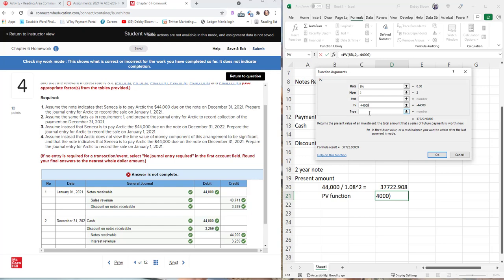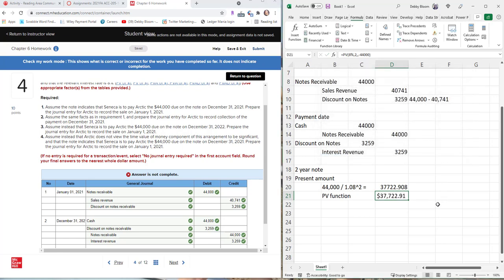But if I invest today, which is a negative cash flow, so if I invest the 37,000 today, then I'll get back the 44,000 in the future. I'll do that in the computer lab with lots of hand movements if you don't understand it. So I click OK, and notice I get the same 37,722.91 with the PV and the FV functions. It assumes you're talking about money, so it always gives you a dollar figure.